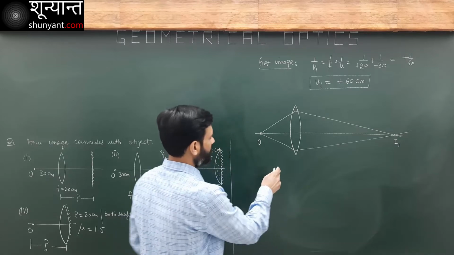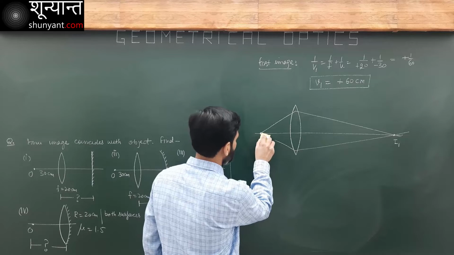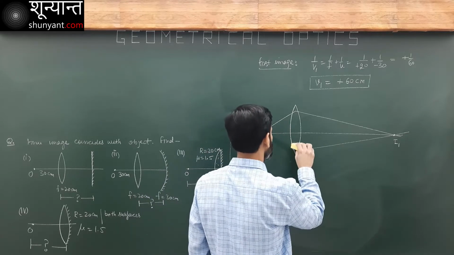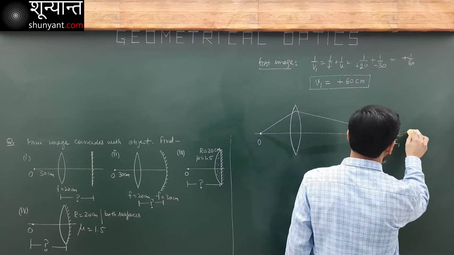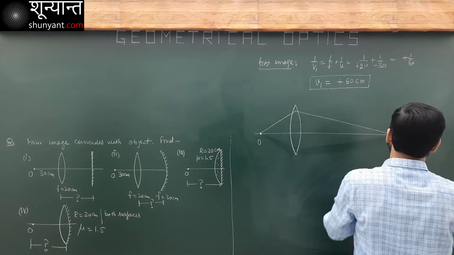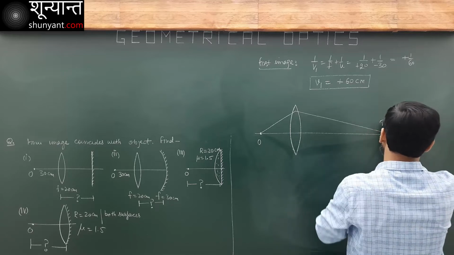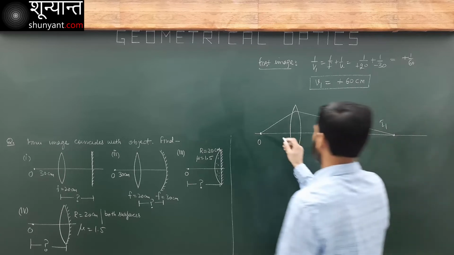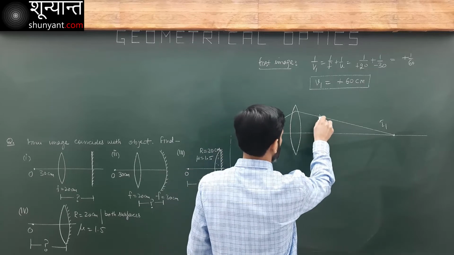Now, from the plane mirror, it becomes very obvious if I draw the ray diagram. I am drawing just one ray, I1, and another light ray.